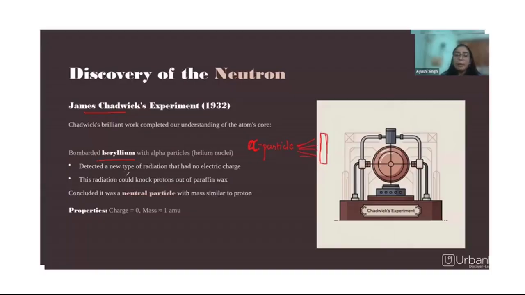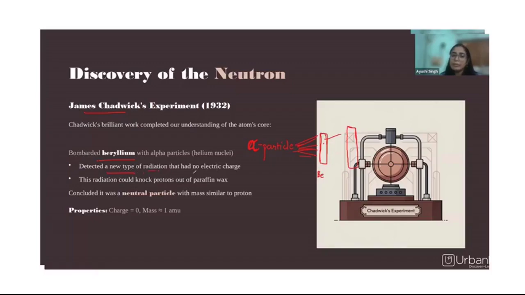Now what happened is he detected a new type of radiation. Behind this beryllium, he actually kept paraffin wax. Now once he bombarded the beryllium, I'm writing Be, beryllium.